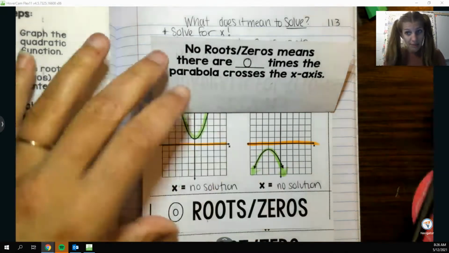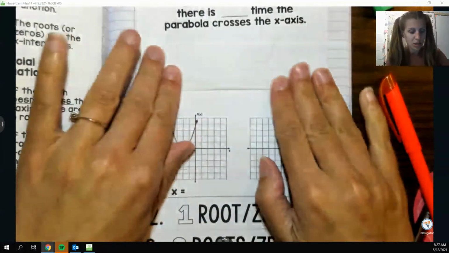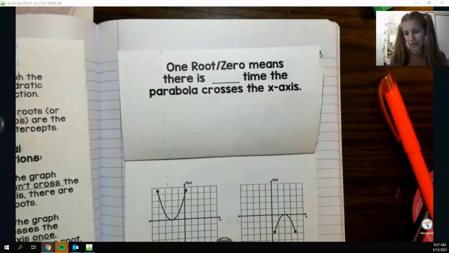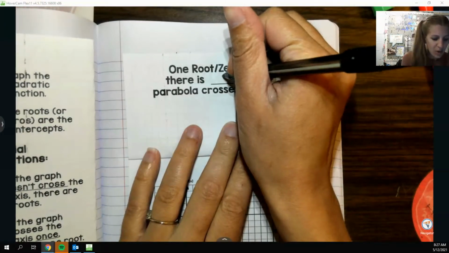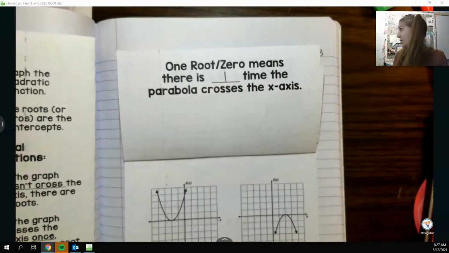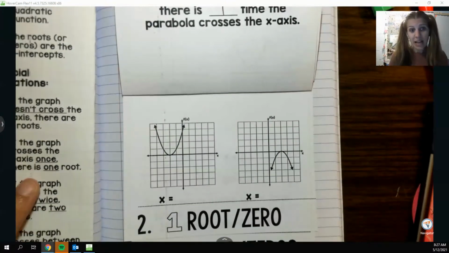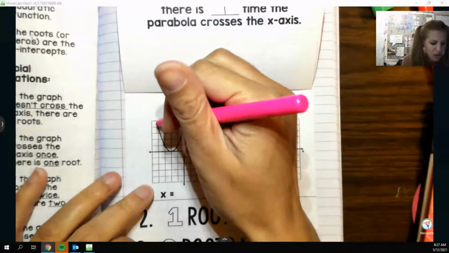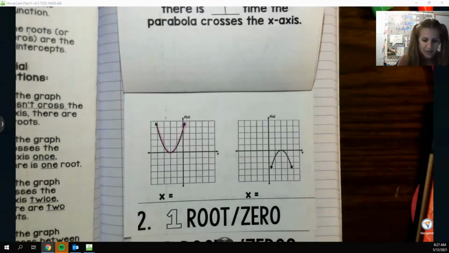Now what could also happen is that you have one solution. So I have one root or zero or one solution if there's only one time that the parabola crosses the x-axis. And so really what that looks like is your parabola is just sort of bopping off on that x-axis.